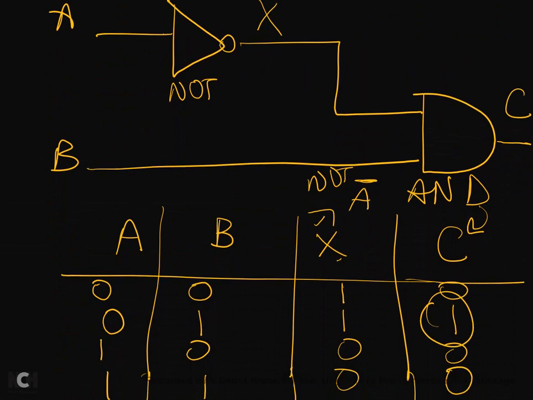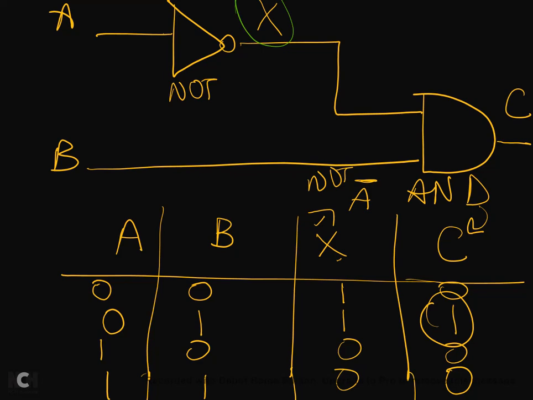Now, this is an example of a typical combinational circuit. A combinational circuit is one where you have different gates attached in a certain arrangement, and based on the inputs, you have an output. But that output is only dependent on what inputs are used at the time. The first thing I teach my students to do is to get the output of each gate.